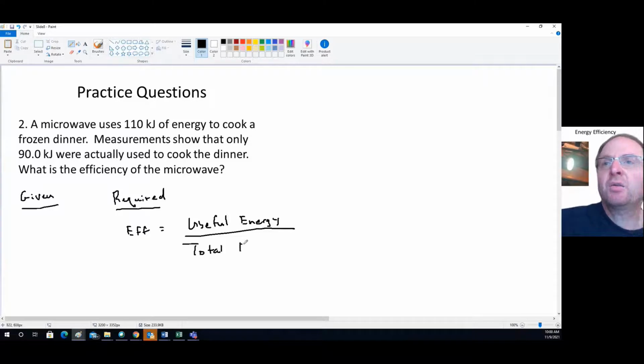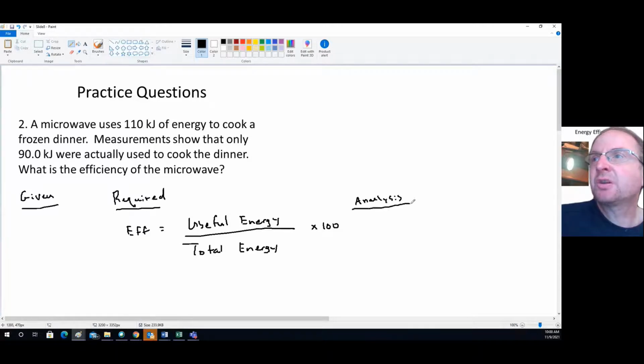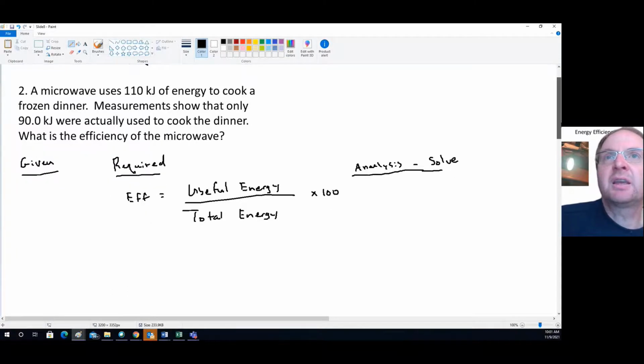And as you write it out, remind yourself, you know, the top number is going to be the small one, and the bottom number is going to be the big one, because we don't want to break the law of the universe. Then, of course, we're going to multiply this by 100. And, you know, we've already done our analysis. We can't jump to solve yet, but we've got a good idea of how to solve this already. And again, just by reading the question carefully.